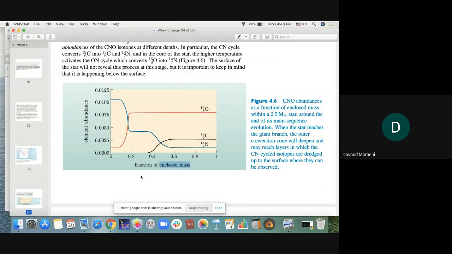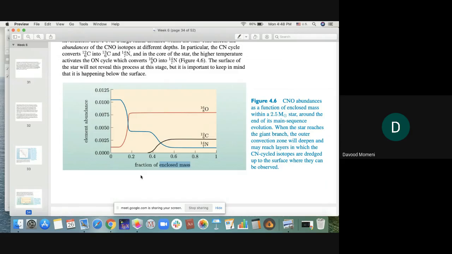And carbon has a strange type of behavior: when the fraction of enclosed mass is increasing, I mean when the ratio between the elements is increasing, the element abundance will reach a constant value, so asymptotically.